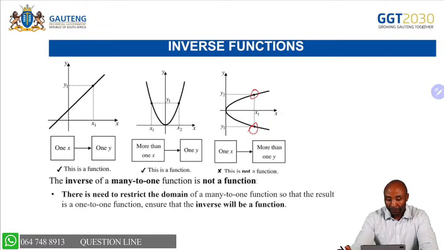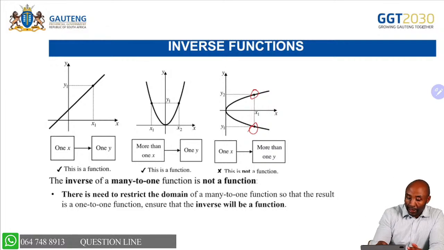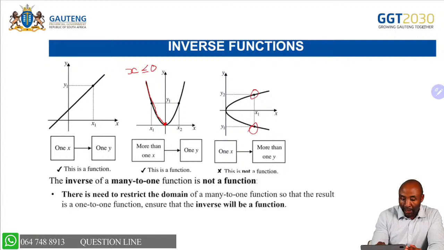We move on. We need to restrict the domain, and we illustrated this by taking half of our quadratic function. We either take this part where we say x is less than or equal to 0, meaning we'll only deal with this part of our graph, then it becomes a one-to-one function, or we may choose to take x is greater than or equal to 0.